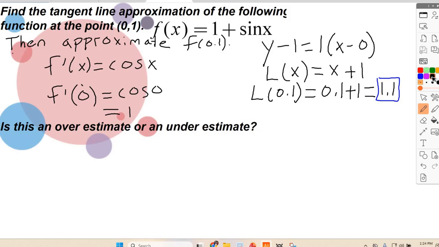Now, lucky for us, we can find the exact value for this function. There are some out there that it would be really difficult to find the exact value for, but if we wanted to, we could plug this into our calculator. So if we plugged in 0.1 in for f of x, what do we get?